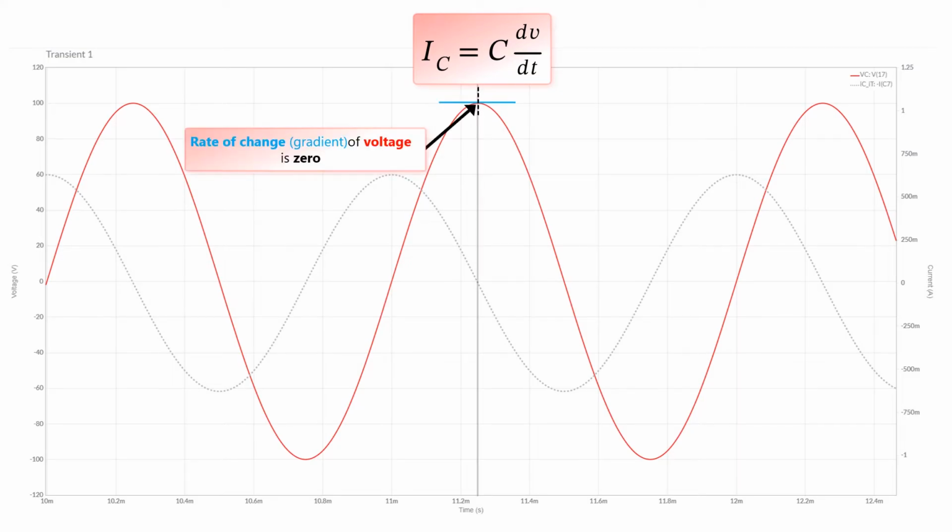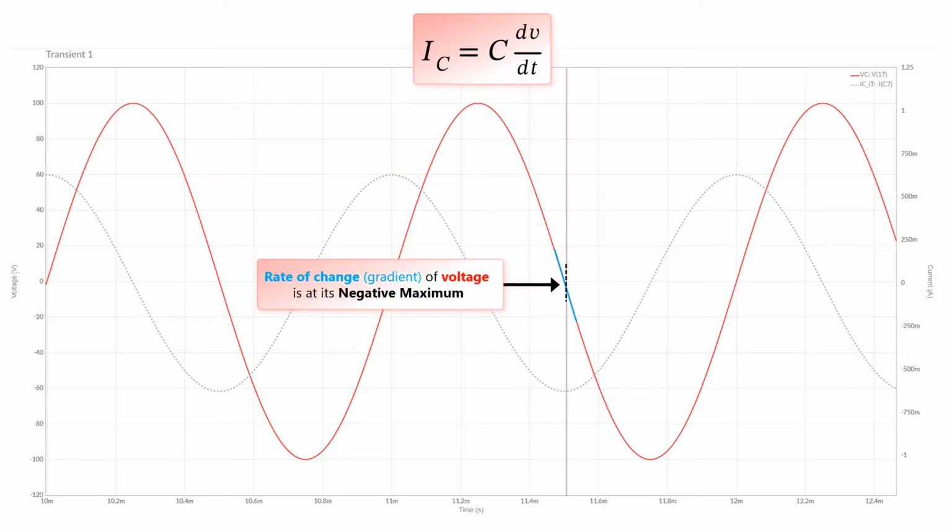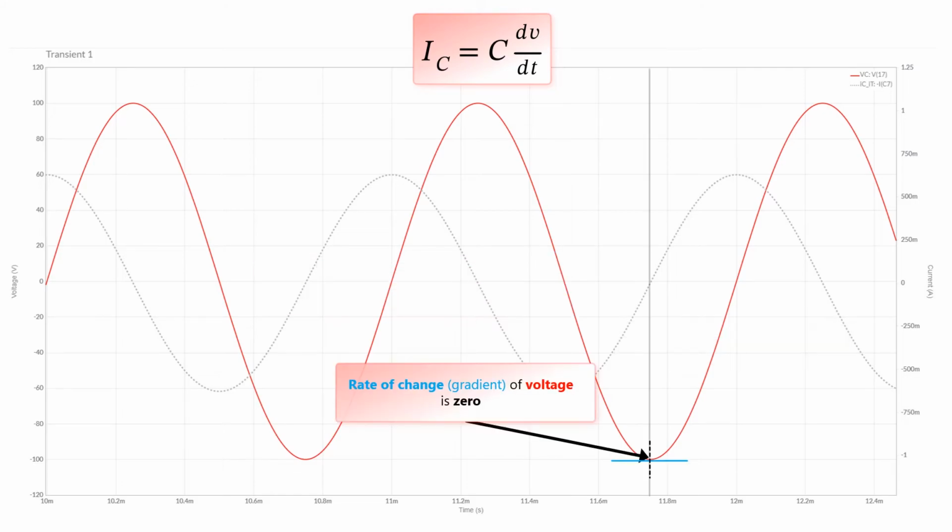When the gradient of voltage is 0, it's flatlined at the peak, IC is also 0, the capacitor current. When we have a maximum negative slope of the voltage with respect to time, then the capacitor current is at its negative peak value. And finally, the rate of change of voltage is flat or 0 here, so IC is 0. And that is why current leads voltage for a capacitor.